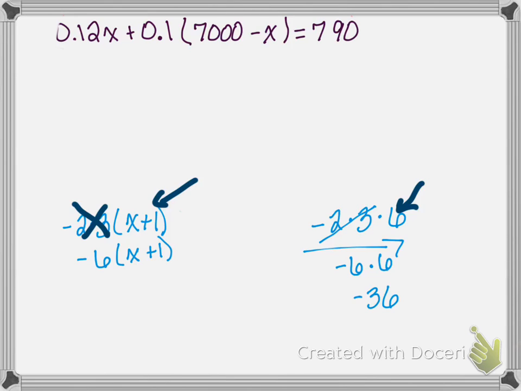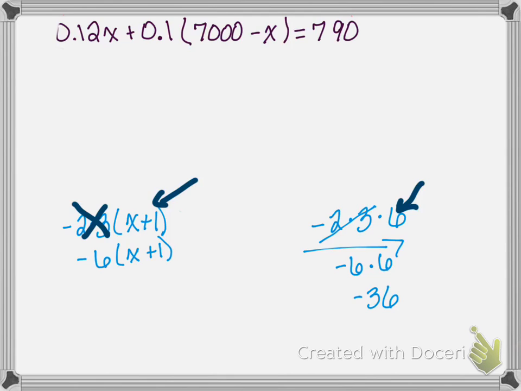Then I have 1/10, and that 1/10 is being multiplied times 7,000 minus x. Now, if we wanted to just deal with the decimals, we could. We absolutely could. But we're going to eliminate the decimals and see if that makes it easier to deal with. So, do I need to multiply everything by 10 or by 100? 100. I need to multiply everything by 100 because I have 1200ths.